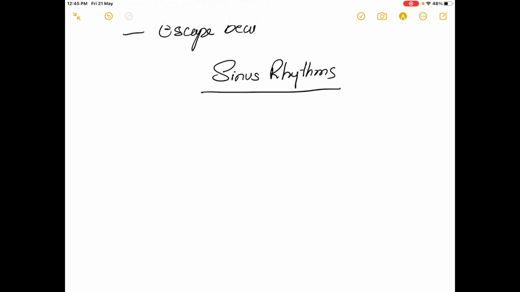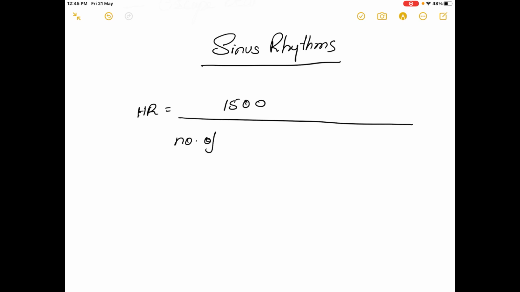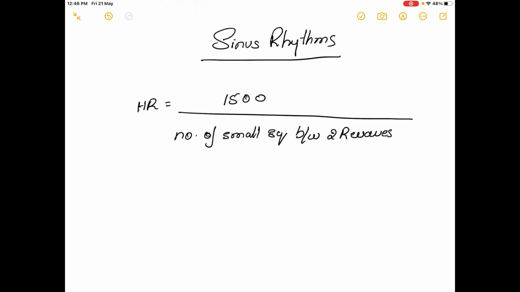Before going to sinus rhythm, we shall see how to calculate the heart rate in ECG. Heart rate is calculated by dividing 1500 by the number of small squares between two R waves, that is, the RR interval.